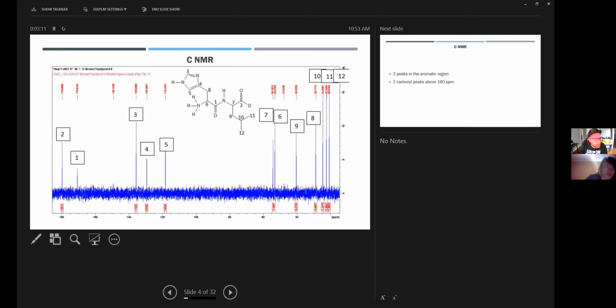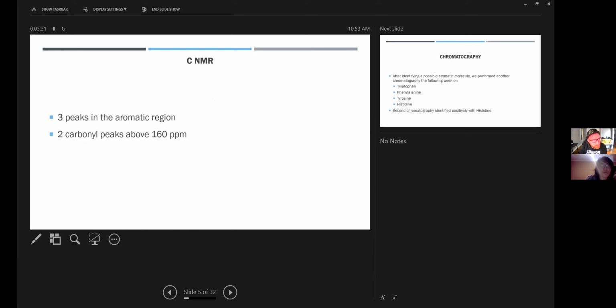The other 2 big peaks that we saw were 1 and 2. So 1, 2, 3, 4, and 5 in total really told us a lot and gave us really good guidance on which aminos specifically to start testing.